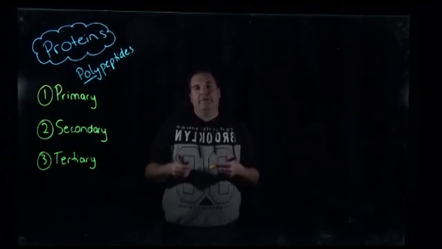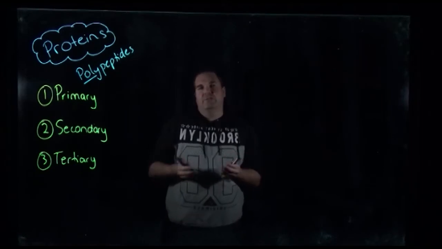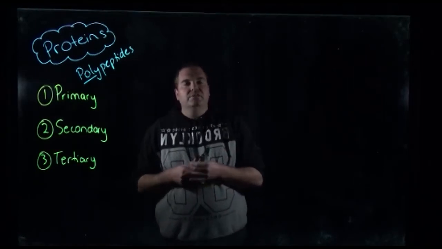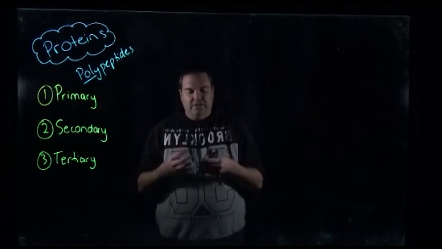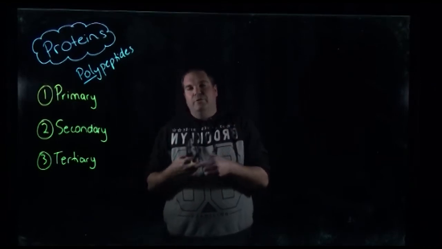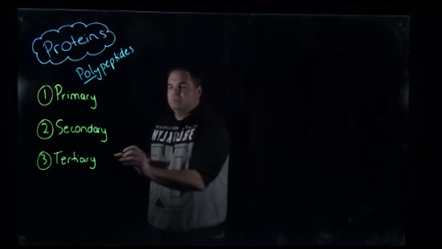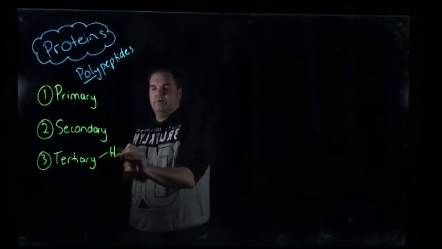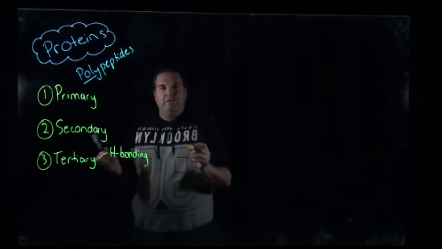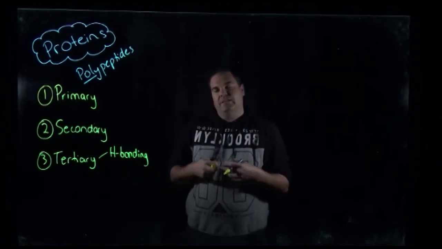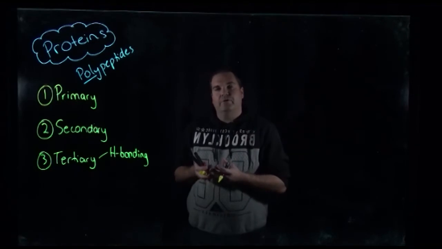Now, in amino acids, there are 20 different R groups you can have. So there's lots of variation between the side chains and the type of bonding you can get. But basically, the three main types of bonding you can get in the tertiary structure are, firstly, hydrogen bonding, which makes sense because we've got amine groups, carboxylic acid groups, and hydroxyl groups from alcohols.